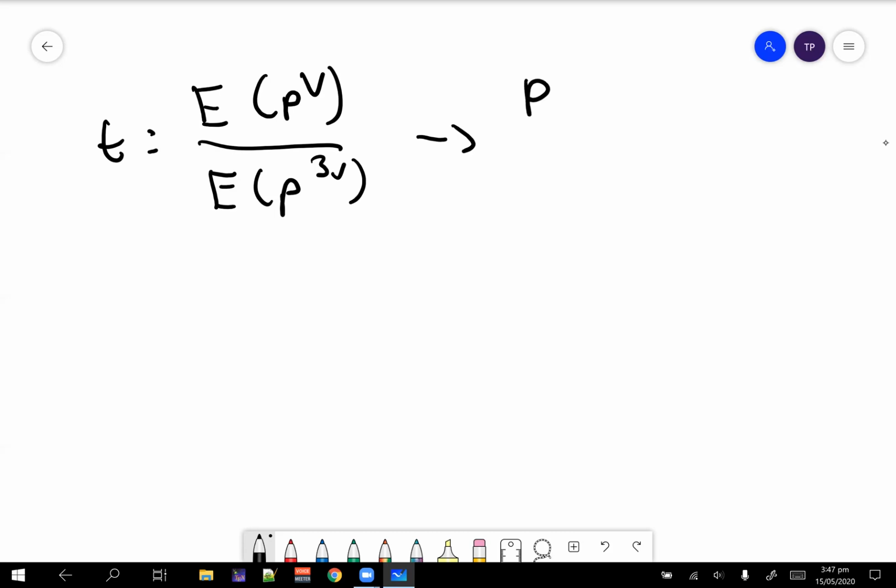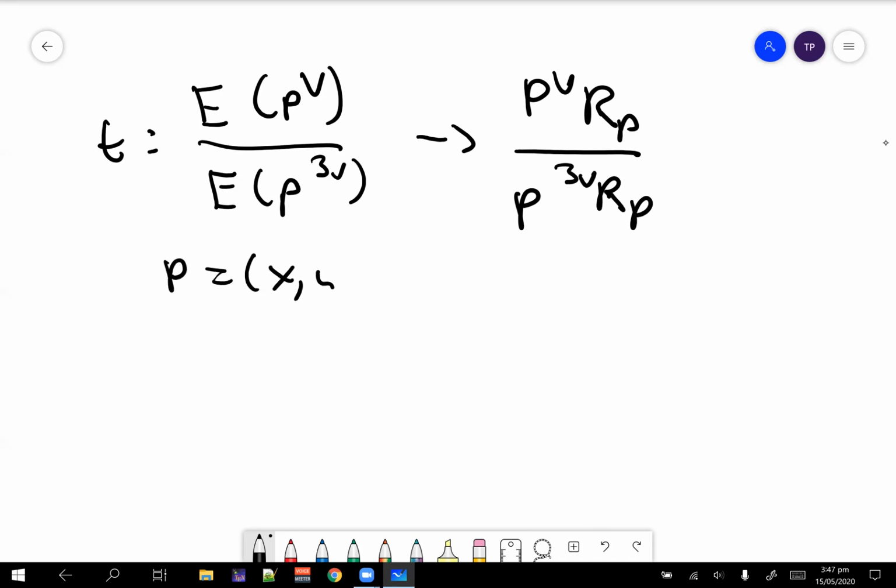And then we map this to P to the V R_P modded out by the thing given by a point, say P maps to T of P, which is x over y.